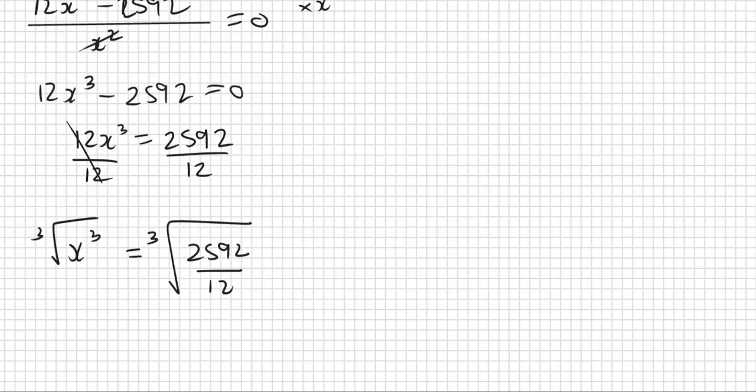This was 216, so the cube root of 216, but you can also leave it in this form in your calculator. So x equals 6. Very nice even number for x to be equal to.